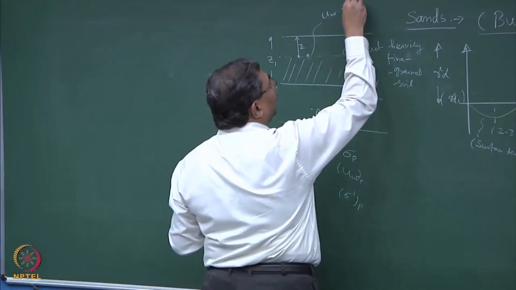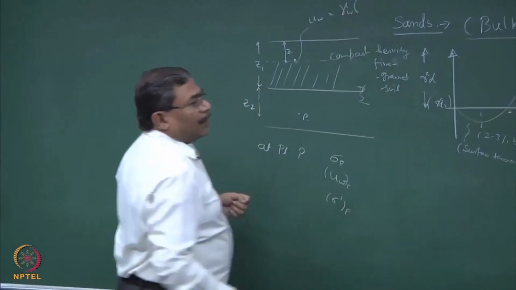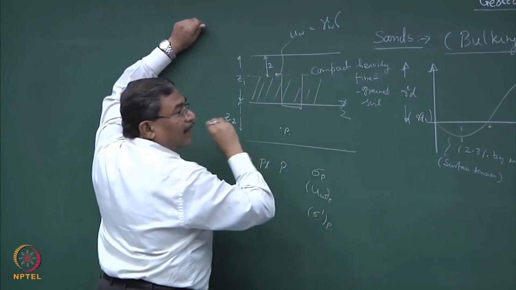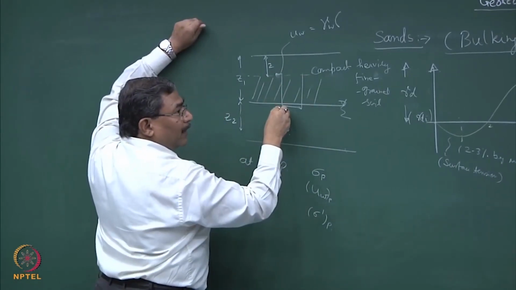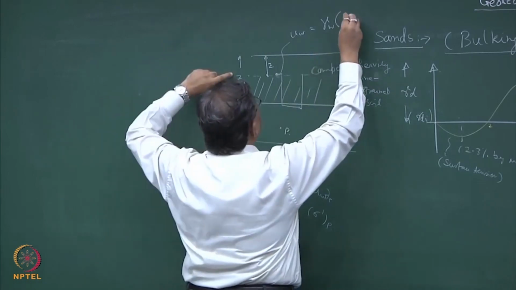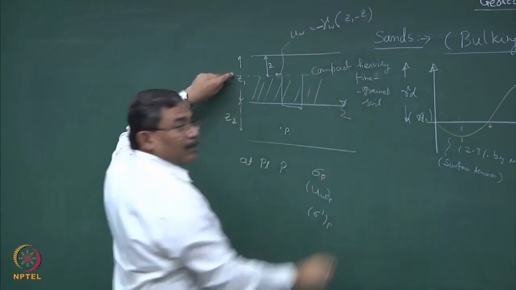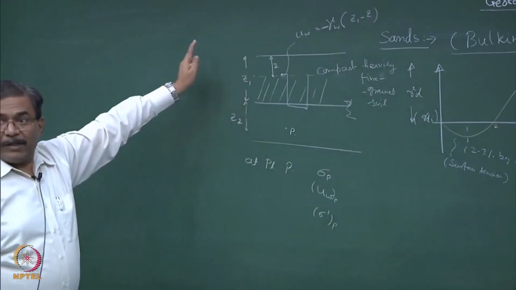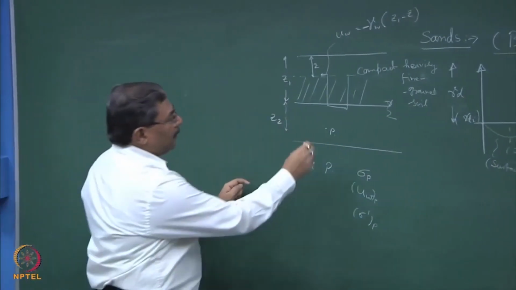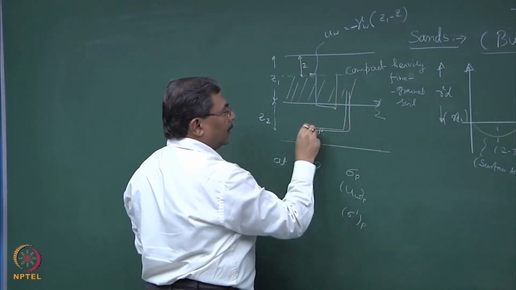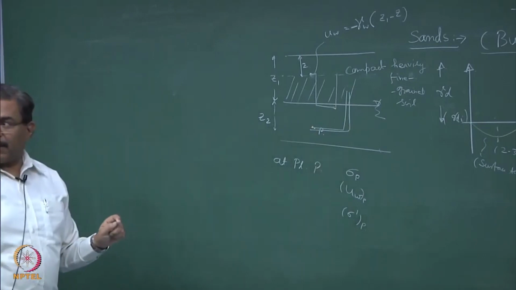So, this is going to be gamma W, and what is the funda? You have to put the tensiometer over here and then find out what is the drop in the water head. So, this is Z1 minus Z, a negative value. Is this okay? Finished? At this point, it's simple. You put a piezometer.